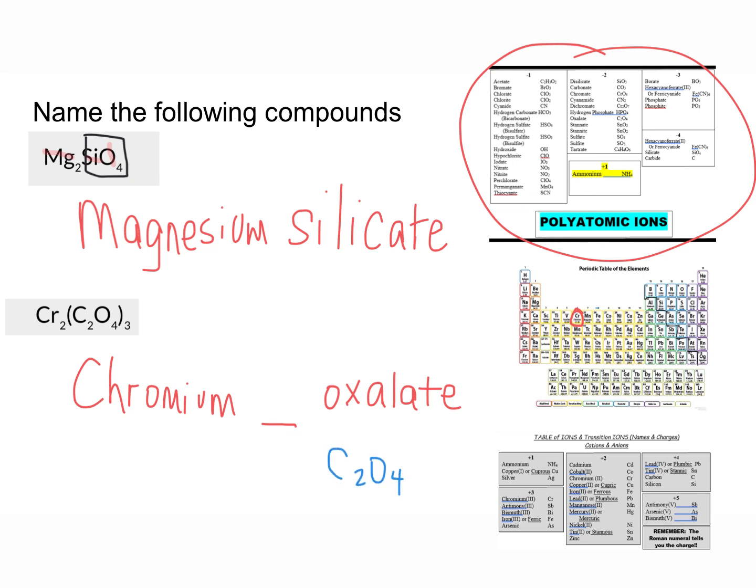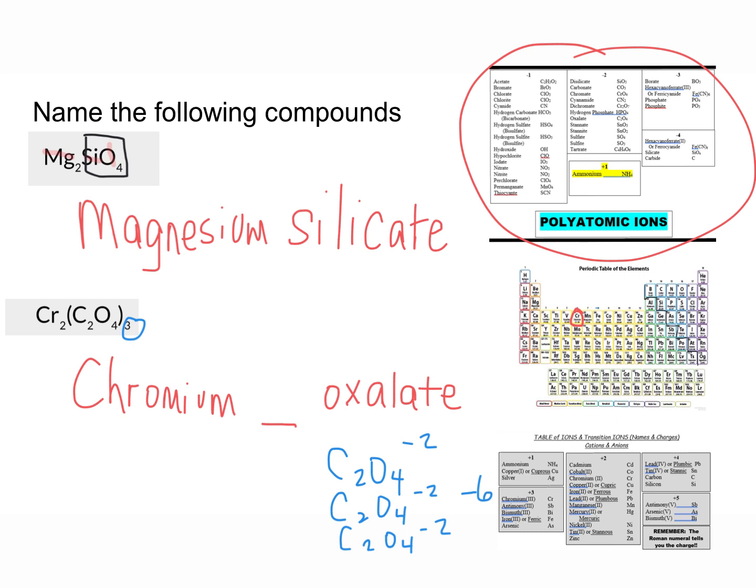That's a group. Remember, treat that the exact same as you would treat the letter I or the letter F. Okay, this 3 on the outside of the parentheses is telling us that we have 3 of those. And each one of them has a -2 charge. Okay, so that means our total negative charge is -6.